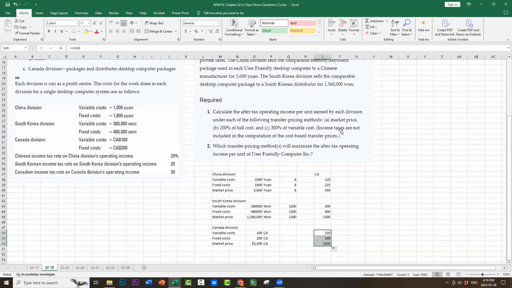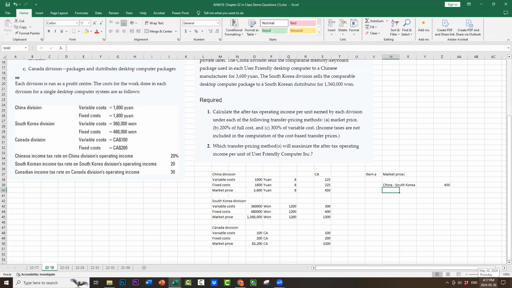Okay, so now what we want to do is we want to take these different transfer prices and we want to calculate what would happen to the transfer price if we were charging the market price. So if we were charging the market price, so here we've got A. So if we were charging market price, then we know that China to South Korea would be $450.